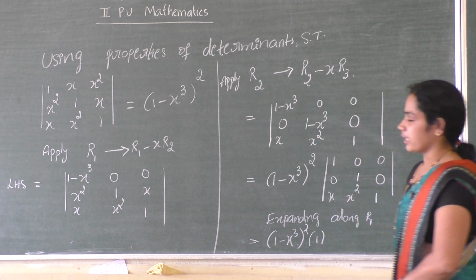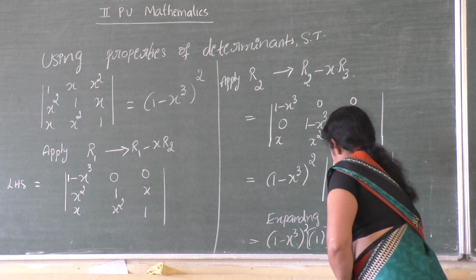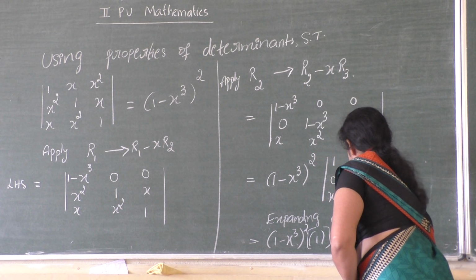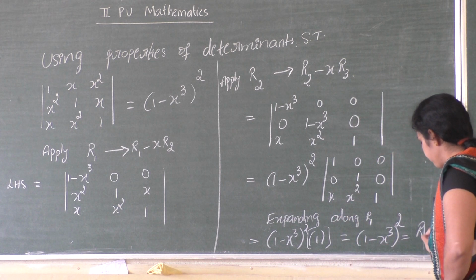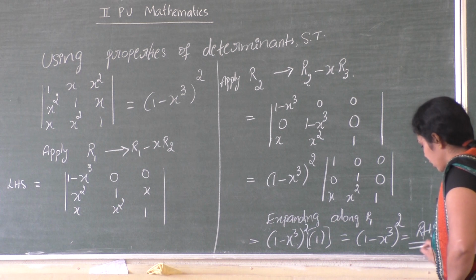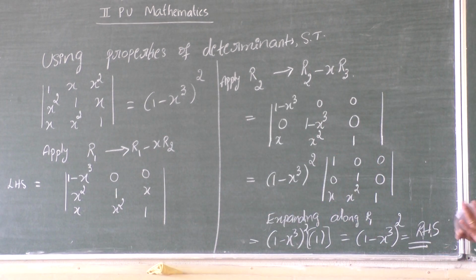Other two values are 0. Therefore, this is equal to (1 minus x cube) whole square. This is same as RHS. Okay, next problem.